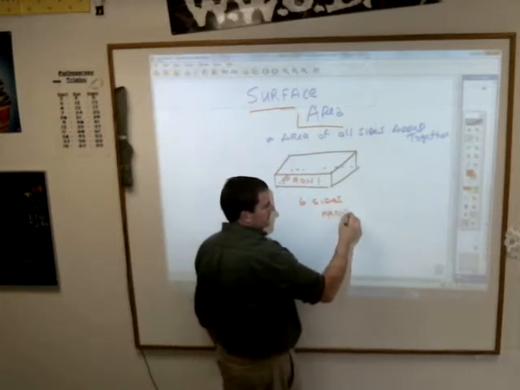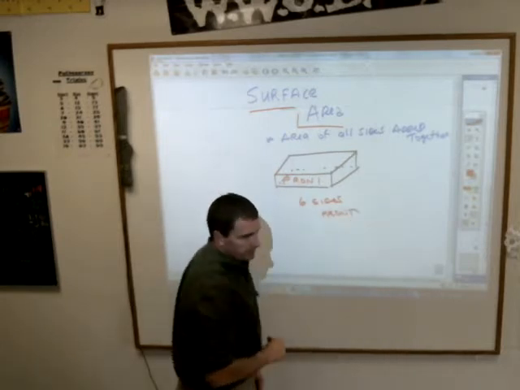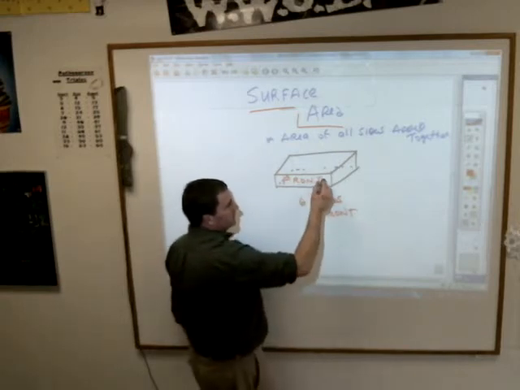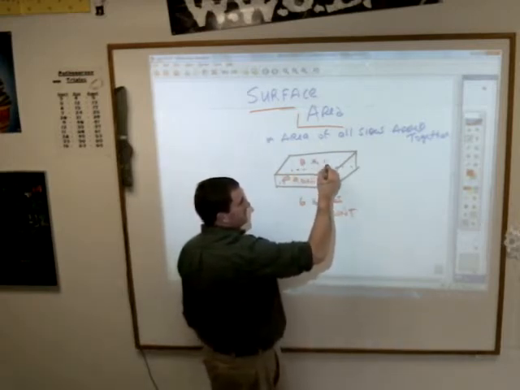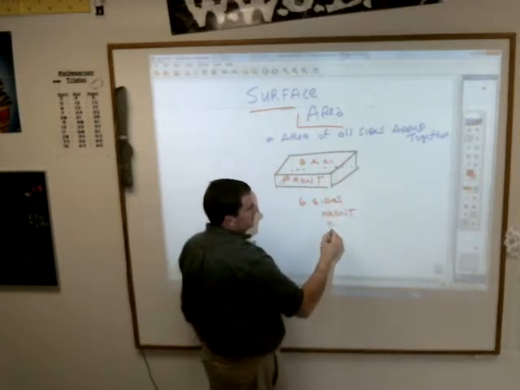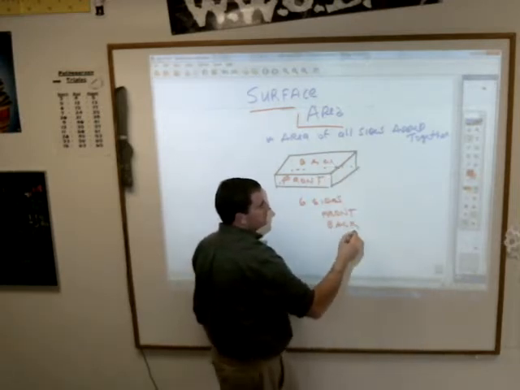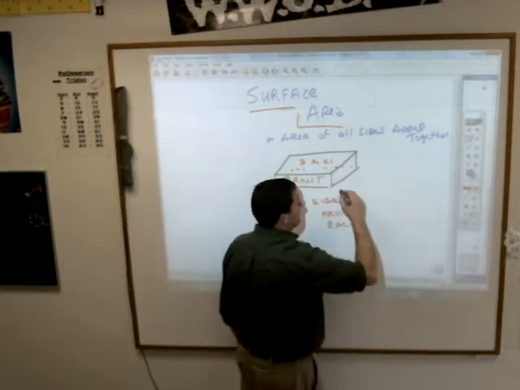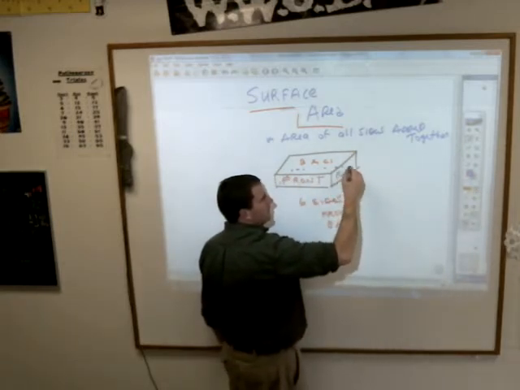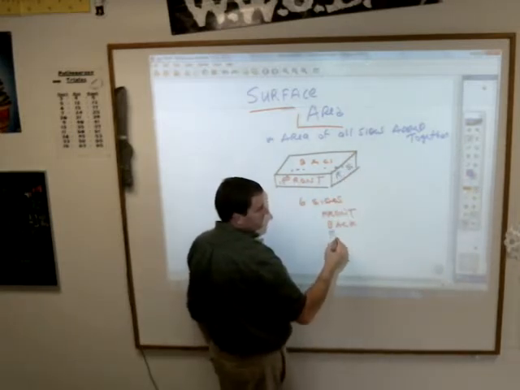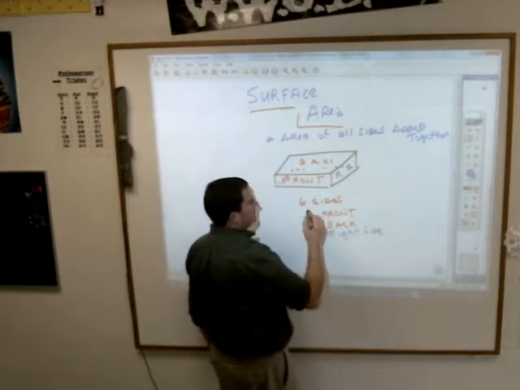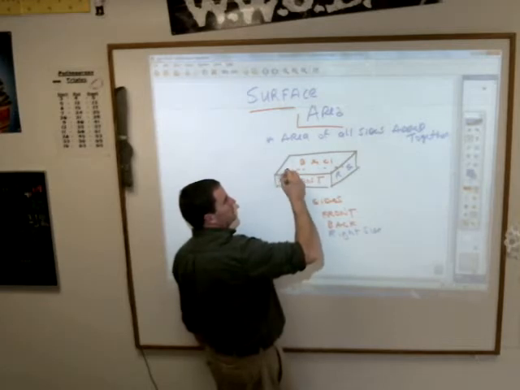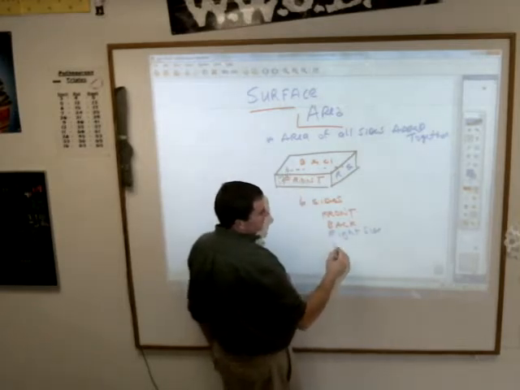And the nice thing about this is that the front is exactly the same as the back side, which you can't see back there. So we've got a front and a back. We have this, which we'll call the right side, which is exactly the same as the left side over here that you can't see much of.